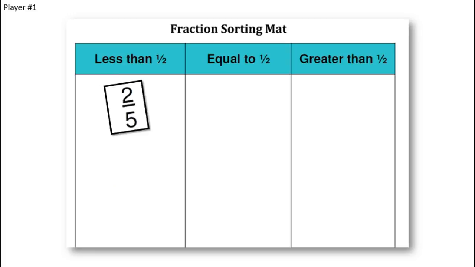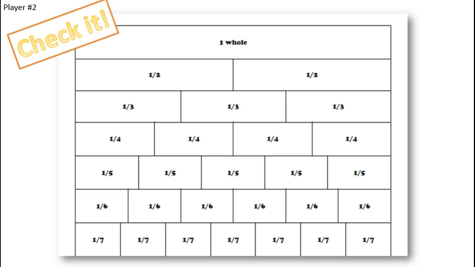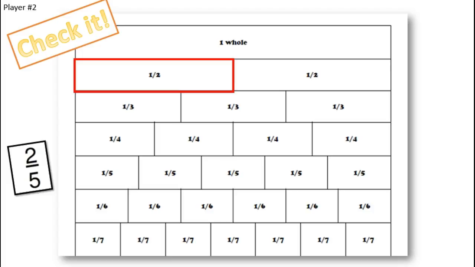Player number 2 is going to check it, by using the fraction strip paper. They're going to look at 1/2, and think, okay, player 1 thinks 2/5 is less than 1/2. Let me find the fifths on this worksheet.